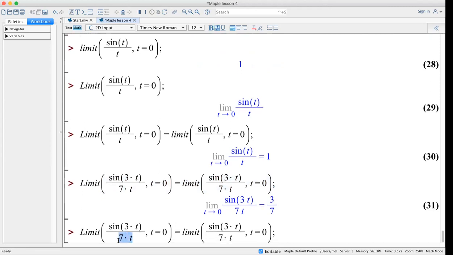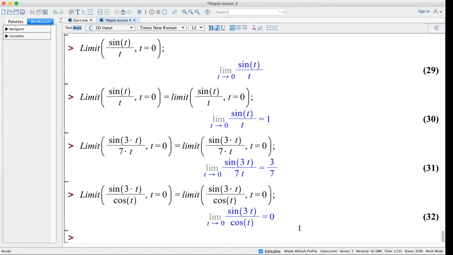Suppose this is sine 3t over the cosine of t. That turns out to be 0.